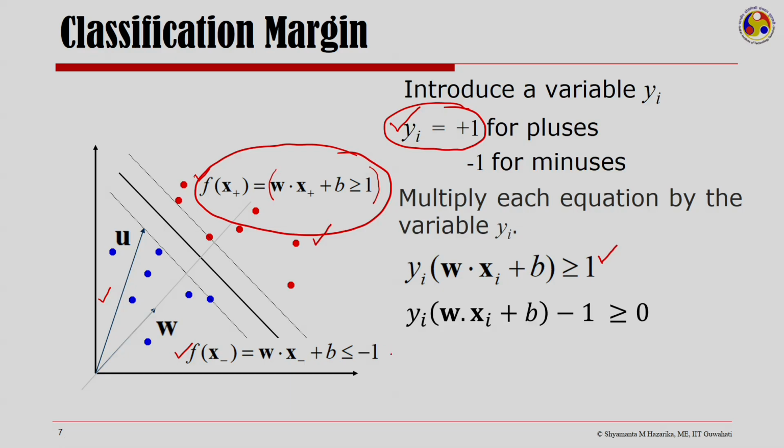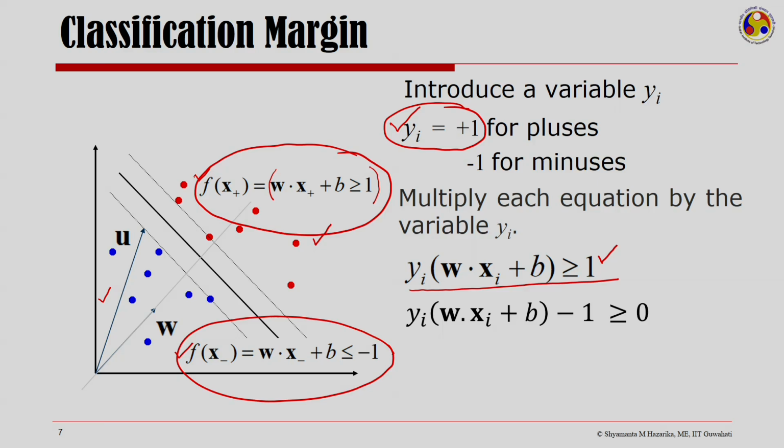And if I multiply the other by -1, I actually get the same equation, since this portion becomes minus and this becomes plus. So, I end up with the same equation, which is yi times (w dot xi plus b) greater than or equal to 1.